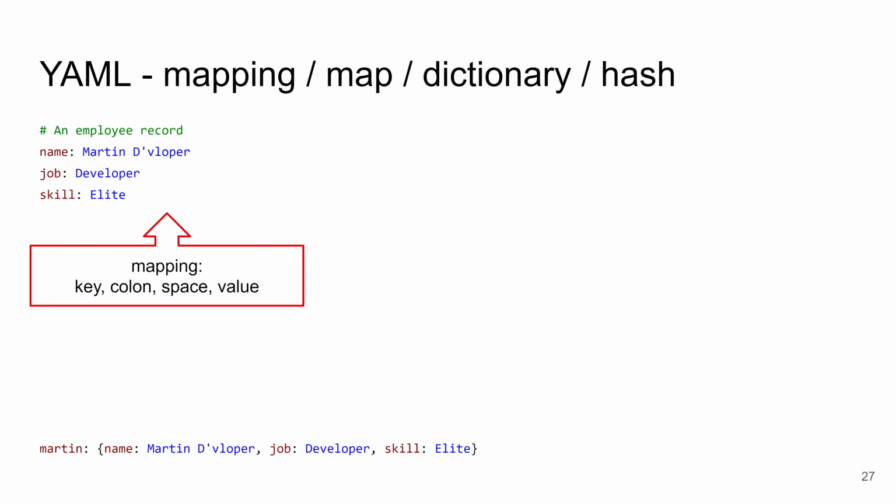Now, there is again an alternate syntax for a mapping, map or hash, which corresponds to a JSON object. So a JSON object again is a hash. So this alternative syntax ensures, together with the alternative syntax for arrays, that every JSON file is also a YAML file. So the YAML format is a superset of JSON. It adds more syntax to JSON, and every JSON is a YAML file.